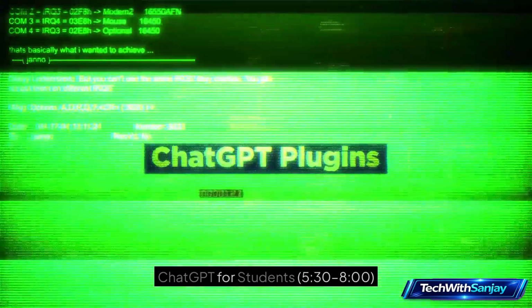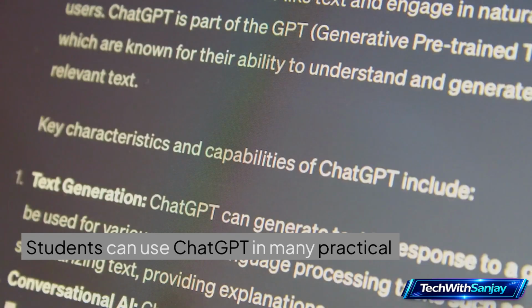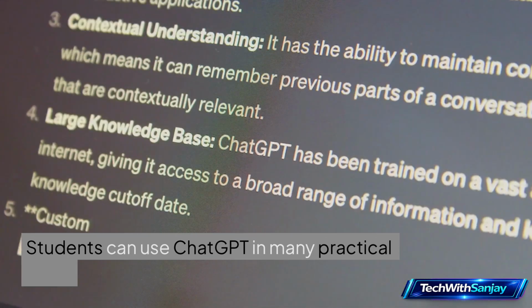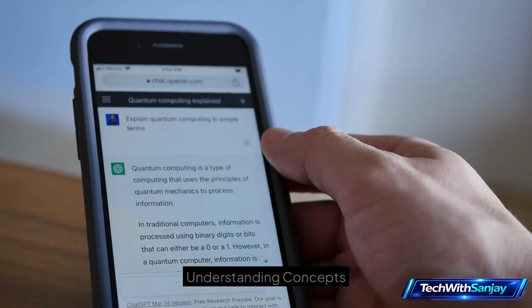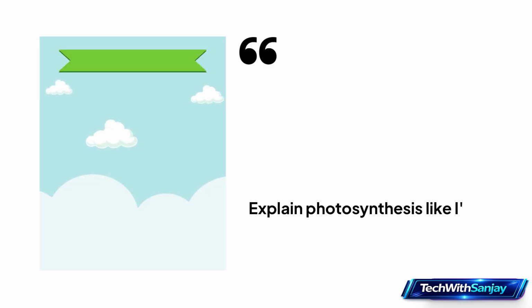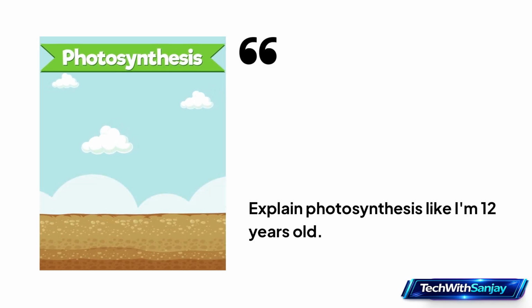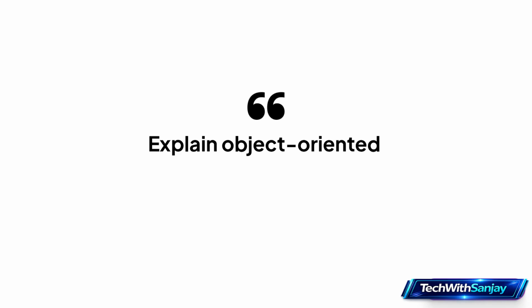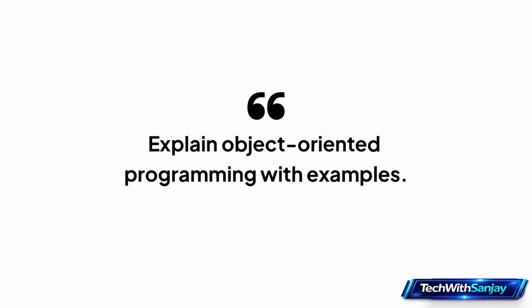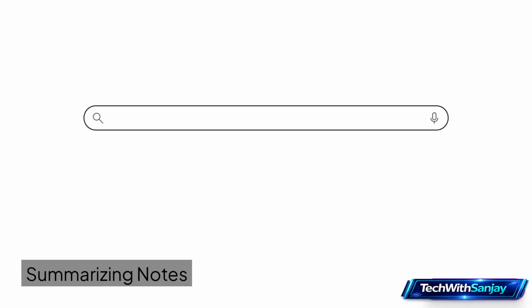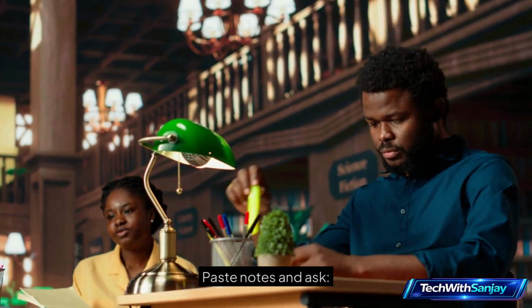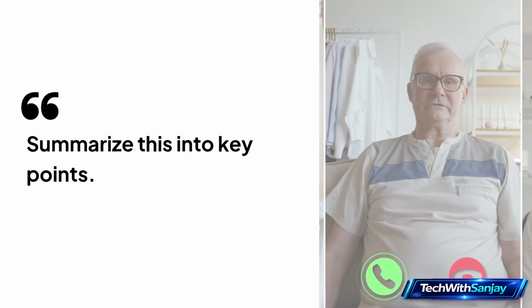ChatGPT for students. Students can use ChatGPT in many practical ways. Understanding concepts. Ask, explain photosynthesis like I'm 12 years old, or explain object-oriented programming with examples. Summarizing notes. Paste notes and ask, summarize this into key points.